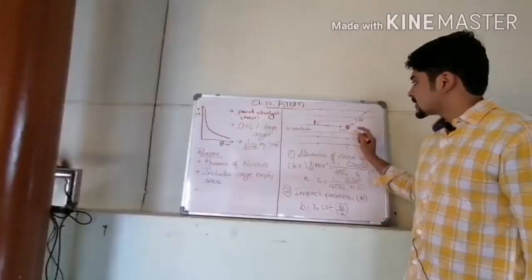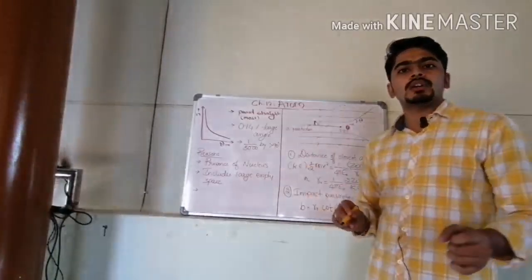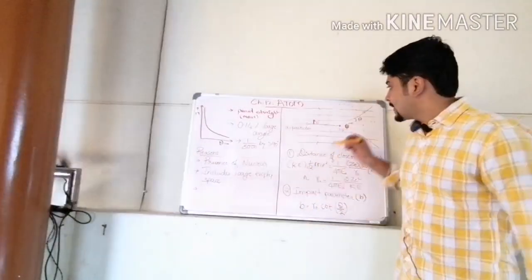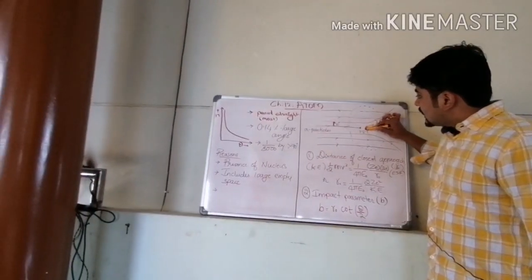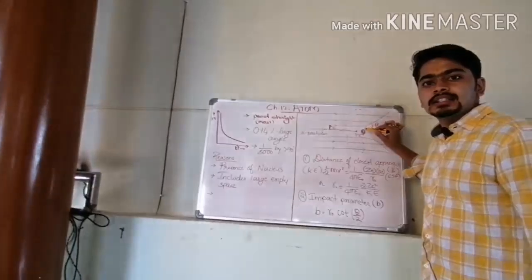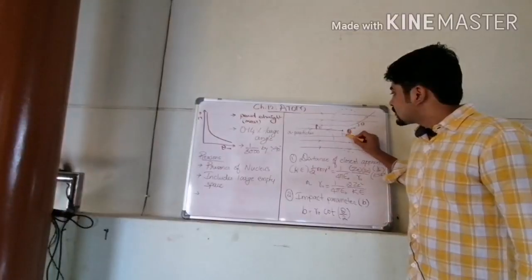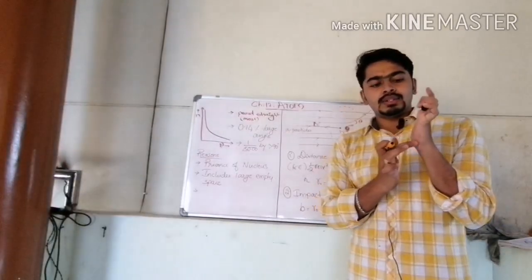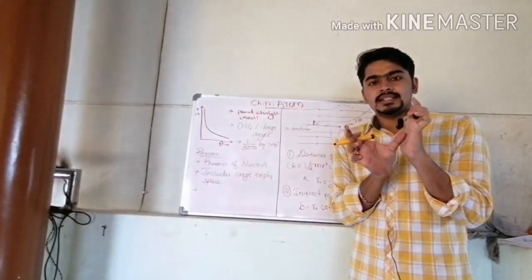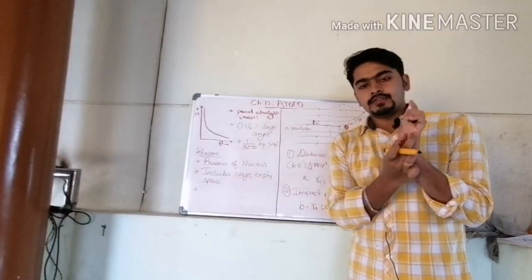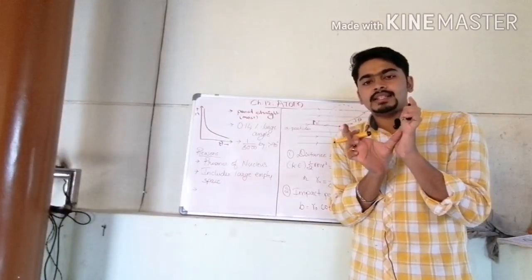This distance of closest approach is of the order of 10 raised to minus 15 meters, which means the radius of the nucleus must be smaller than r0. If I consider the nucleus here and this distance is r0, the radius of the nucleus must be smaller than this r0 value.